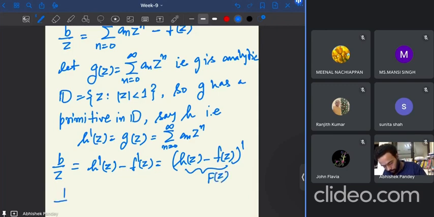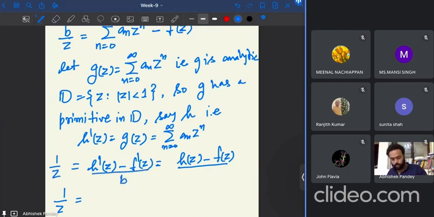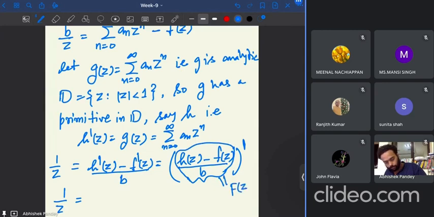So basically, just being precise, here we have already solved the problem. 1 by z is basically b times the whole derivative, and let us call this whole part capital F(z).